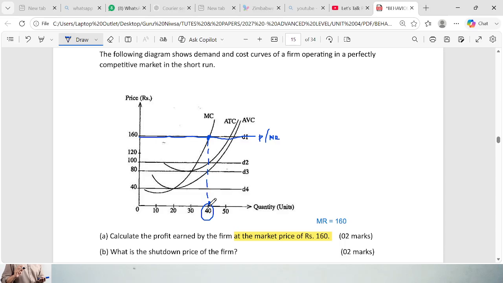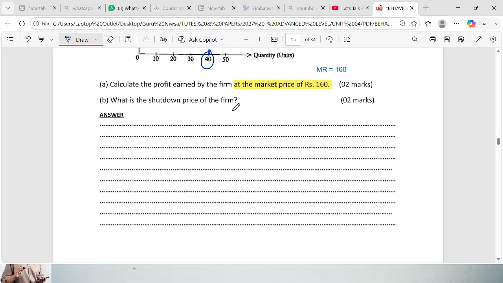The question asks, calculate the profit earned by the firm at the market price 160 rupees. Very simple. Write down the equation. Profit equals total revenue minus total cost.